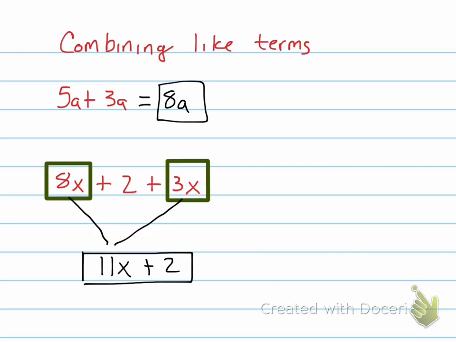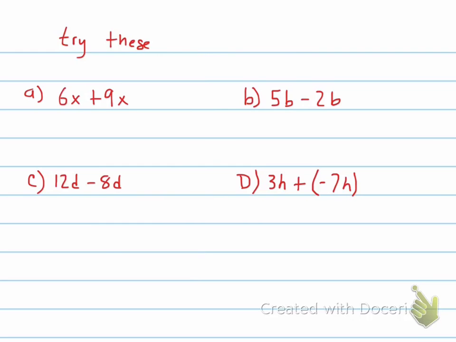So we can go over why this is, and you guys can do it through just investigating with numbers, showing that you could only combine the like terms, the terms with the same variable. Let me pause here. So I'd like you guys to go ahead and try these, combining only the like terms. All of these have like terms, alright? So I'll pause here.